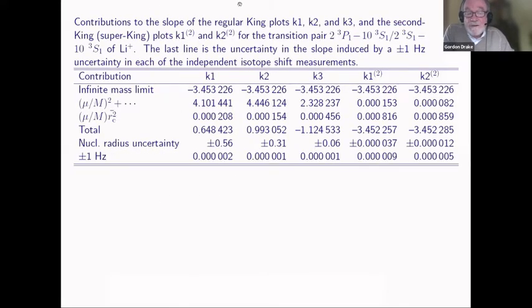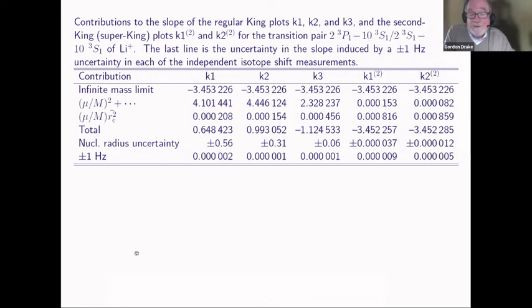And so here are some results. K1, K2, and K3 are the slopes of the King plot, and K1,2 and K2,2 are the second King plots formed by forming second differences. In the infinite mass case, these are all equal.